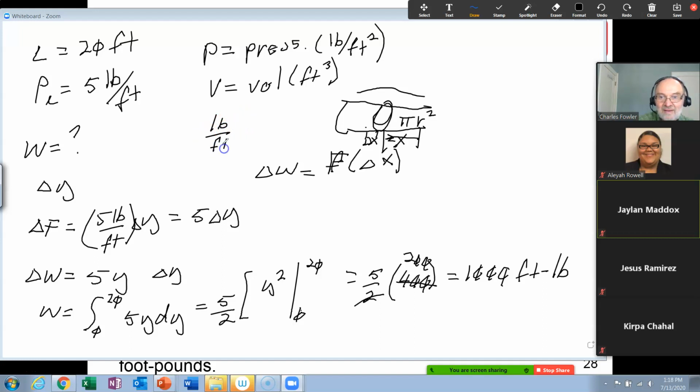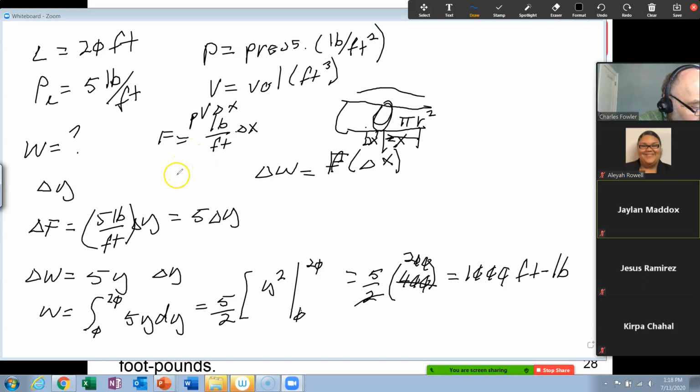If you multiply pressure times volume, multiply that though by your delta x, and that gives you pounds. So this is your force. It's the pressure times volume times your delta x. That's your force, and your distance is x.